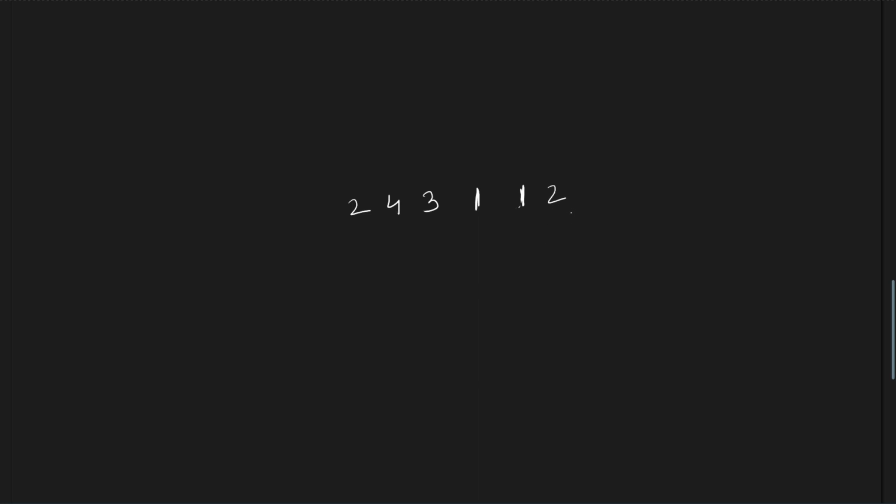So we can start traversing from the back, and we check this number. Now this number is smaller than 2, so there is no problem. And now we go here, 1 is equal to 1, so there is again no problem. But when we get to this position, I see that there is 3 present which is greater than 1, so it destroys our goal to make it non-decreasing, right?